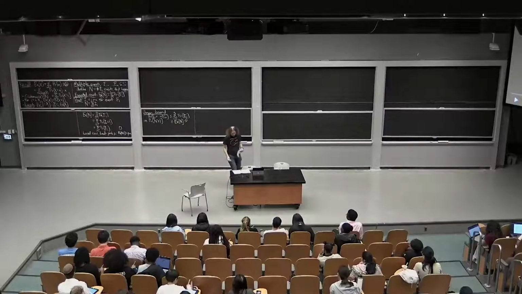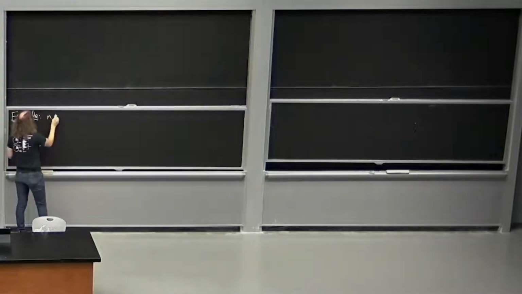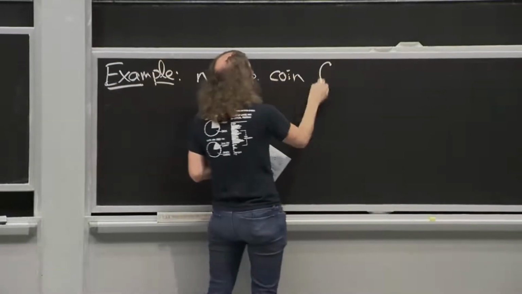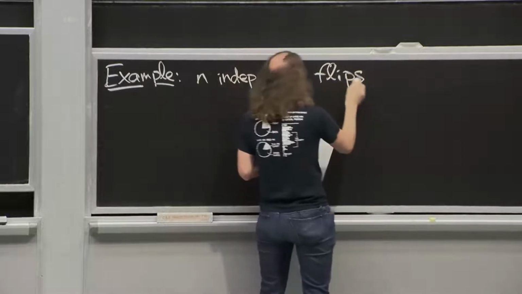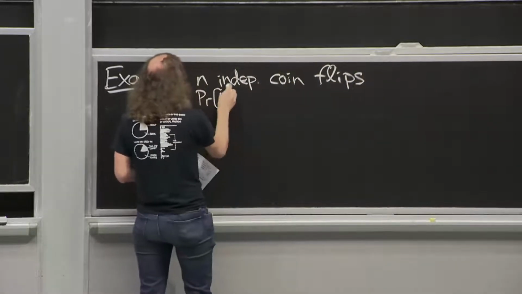Let me, in parallel, write some examples here. So let's do our same example of n independent coin flips. Probability of heads is p.